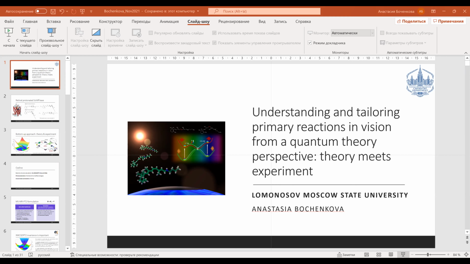To study the intrinsic photoresponse, we take our chromophores outside the native protein environment, and we study their photodynamics and mechanisms of photoisomerization, both using theory and experiment. And since the title of our conference is Experiment Meets Theory, or vice versa, actually theory meets experiment, I will also pay some attention to the experimental details.